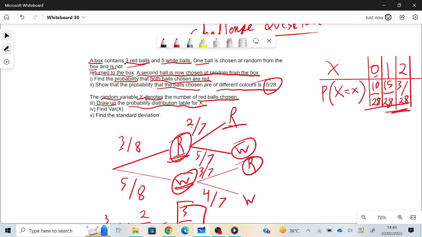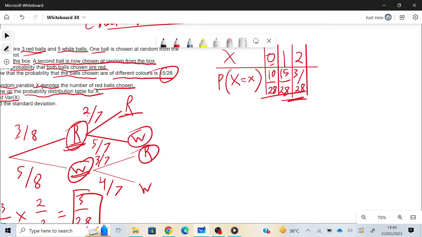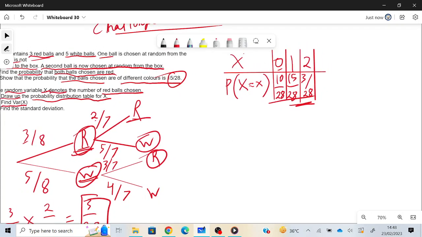Next part says find Var(X), that's variance. Now from our formula for Var(X), we know that we also need the expectation. So let's go ahead and find our expectation first. That's E(X), and to find it we just multiply our X values by the probability.